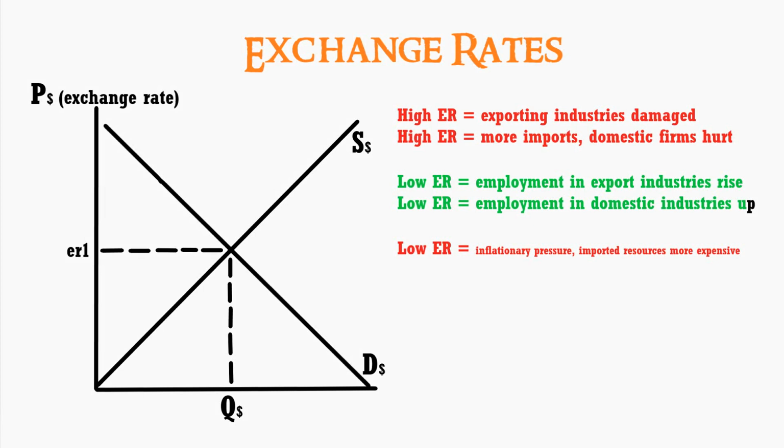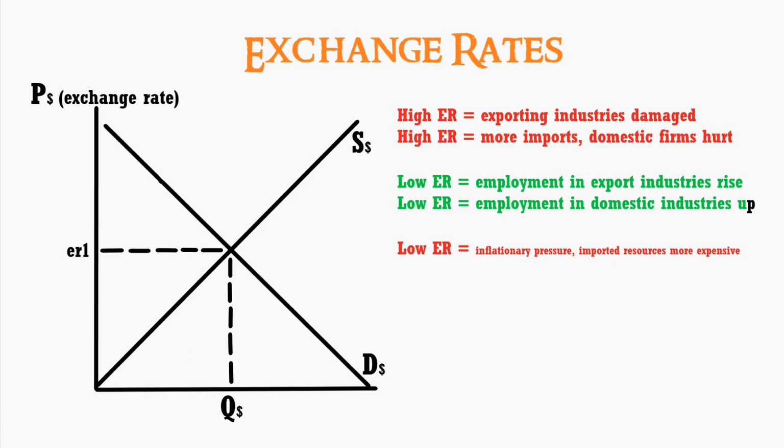So a high exchange rate can be bad because if a country imports more, then domestic firms are hurt, since they're no longer buying goods and services from domestic firms, but rather from foreign firms. A higher exchange rate also means that exporting industries are hurt because other countries will not be able to afford their goods and services anymore since the price is relatively higher, and instead they'll look to other countries or domestically for those same goods and services.